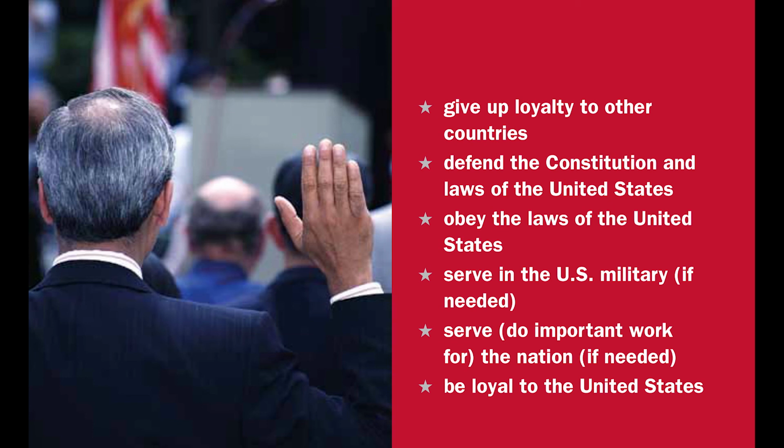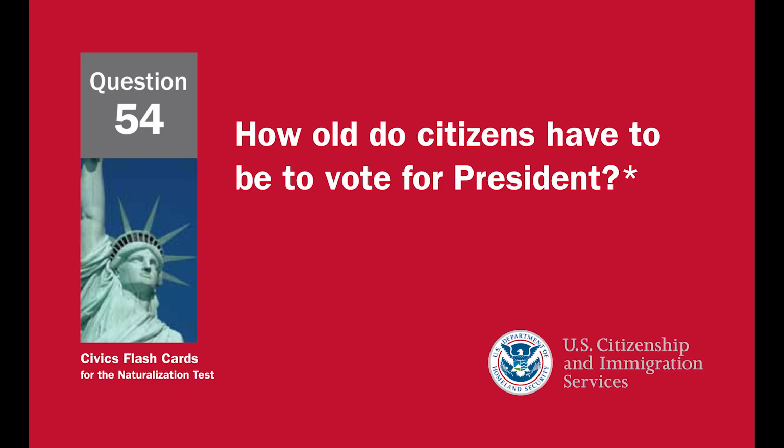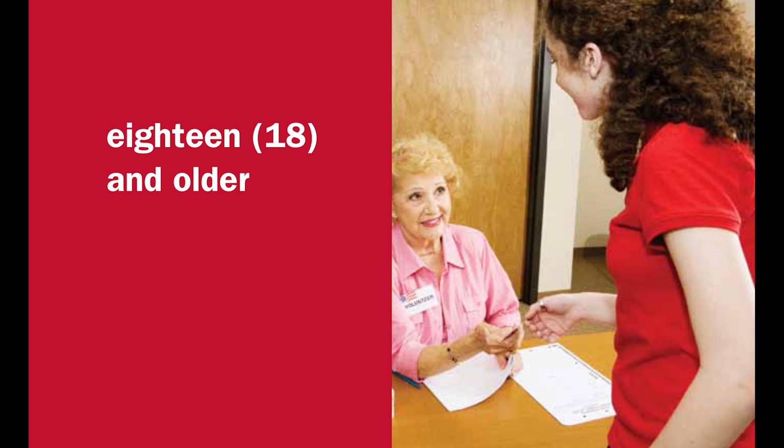Obey the laws of the United States. Serve in the U.S. military if needed. Serve, do important work for the nation if needed. Be loyal to the United States. How old do citizens have to be to vote for president? 18 and older.